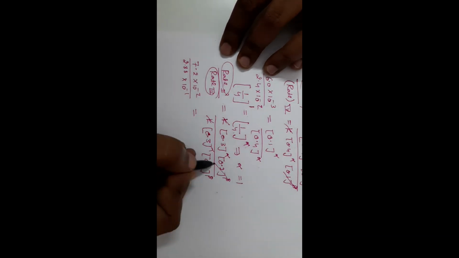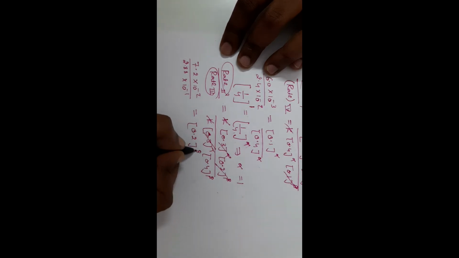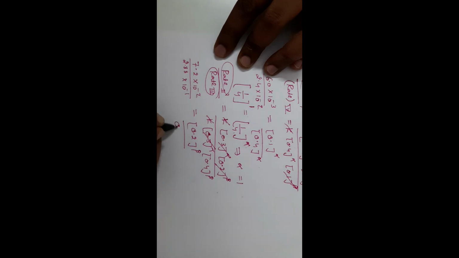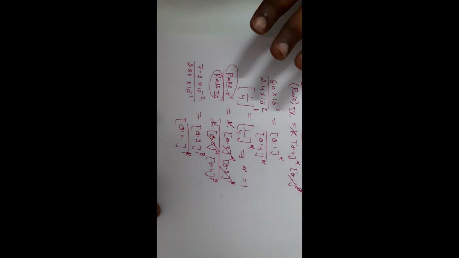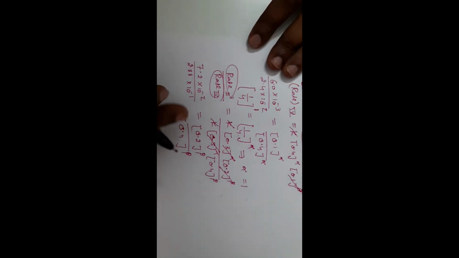Then alpha is cancelled with the alpha. What is left there? 0.2 raised to power beta, 0.4 raised to power beta. Is that clear?